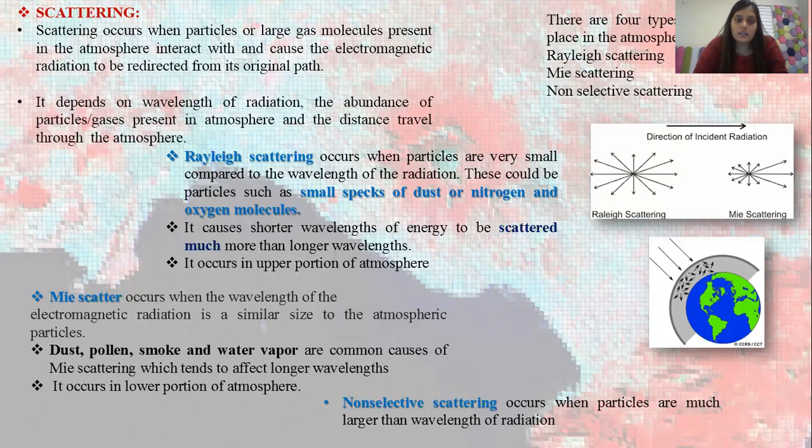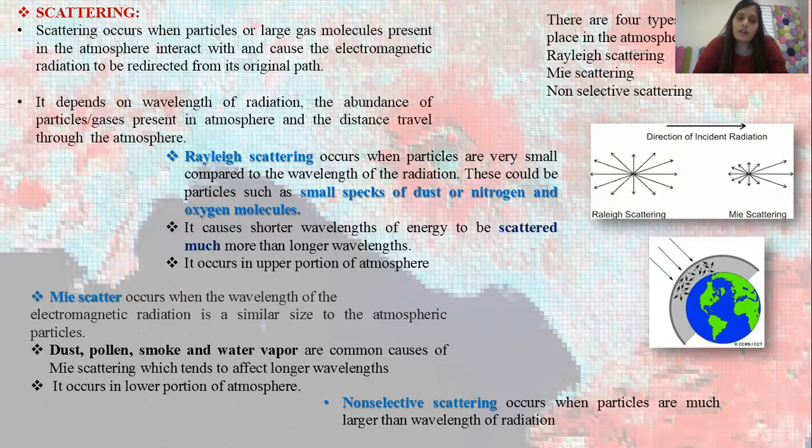So first of all, Rayleigh scattering. What is Rayleigh scattering? It occurs when particles are very small compared to the wavelength of the radiation. They could be particles such as small specks of dust or nitrogen or oxygen molecules. It causes shorter wavelengths of energy to be scattered much more than longer wavelengths. So shorter wavelengths will always be affected by Rayleigh scattering, because of small specks of dust and nitrogen and oxygen molecules.